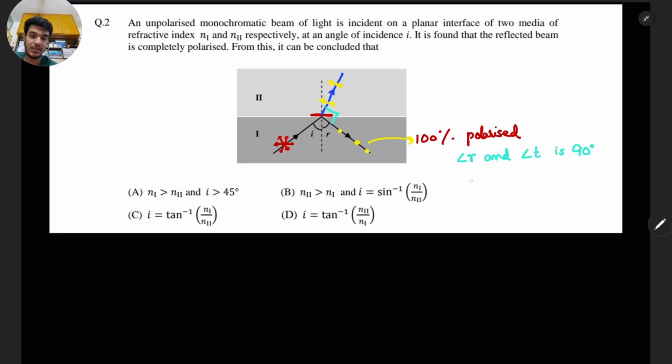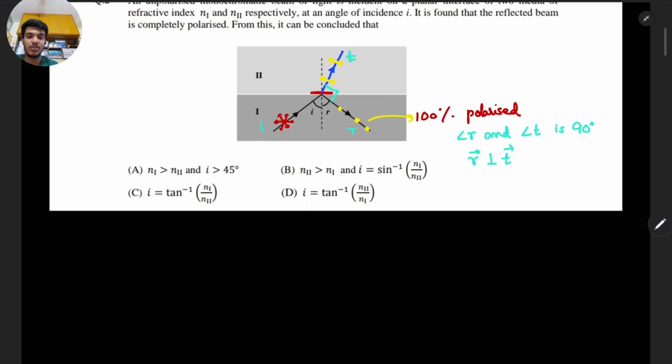So the reflected ray and the transmitted ray are perpendicular to each other. As I said, this is the transmitted, this is reflected, and this is incident. This is the concept. So we have this as 90.